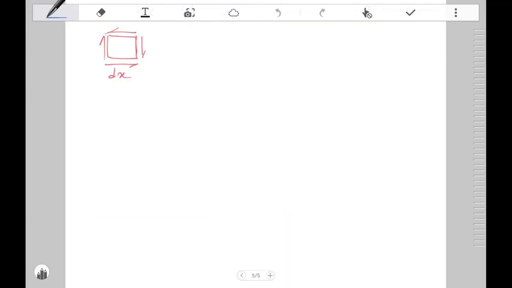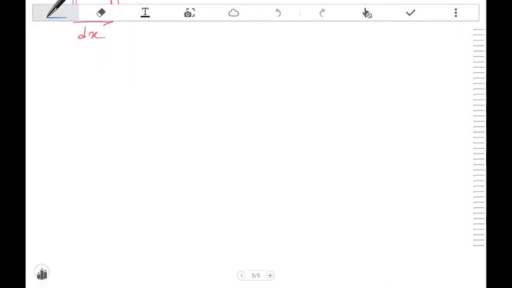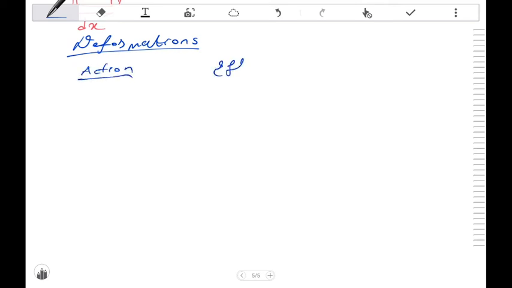So I will not go into details of derivations, but let's focus on the types of deformations that we see.